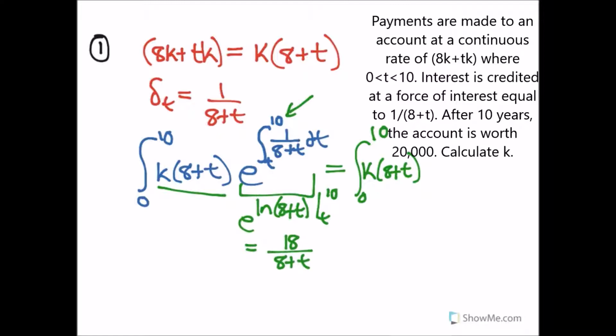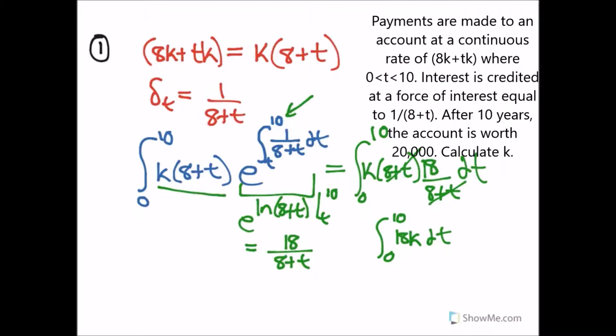Remember, when we subtract logarithms, we divide the terms, so that's why it's 8 plus 10 over 8 plus t. So that can go right back in the integral, 18 over 8 plus t dt. And then what happens is we just cancel our 8 plus t bracket, so it ends up being the integral from 0 to 10 of 18k dt.